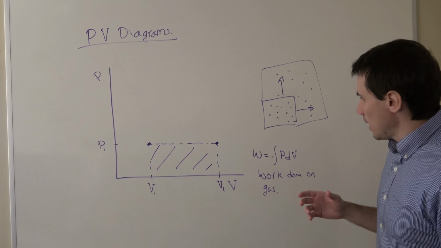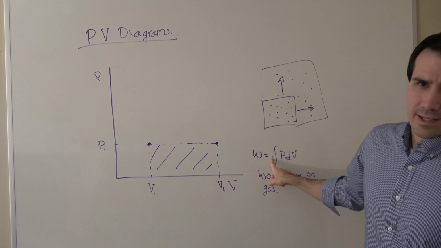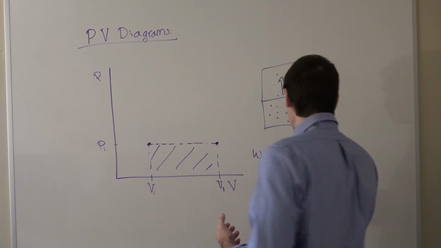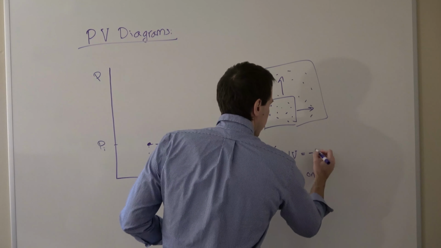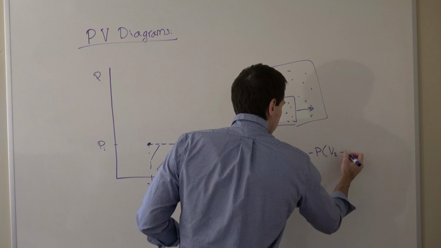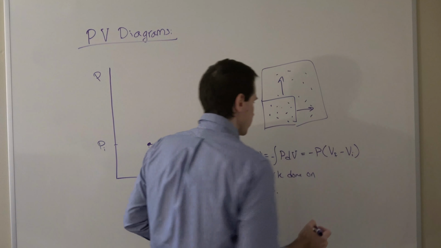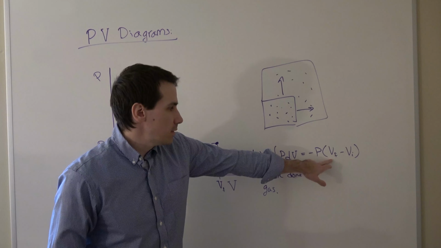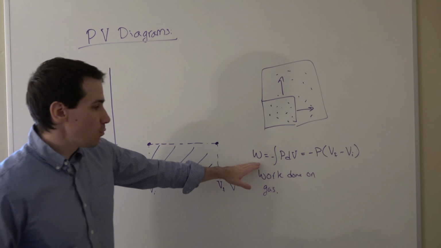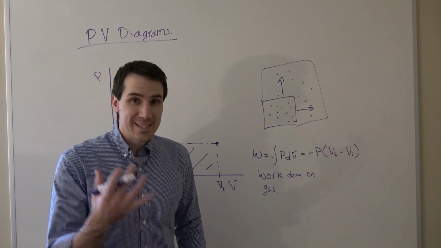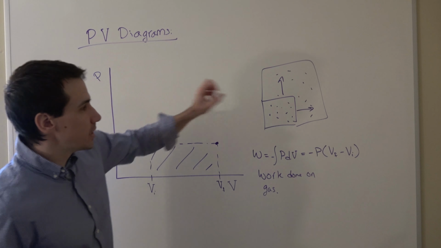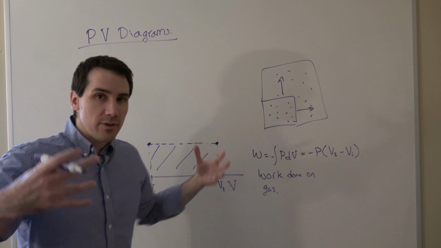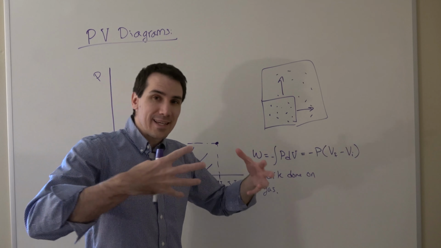Okay. First, where does this minus sign come from? Well, in the case of constant pressure, this work is simply negative P times V final minus V initial. And if V final is bigger than V initial, then this work done on the gas is negative, which makes sense because the gas is expanding outward while the force on the gas is inward.